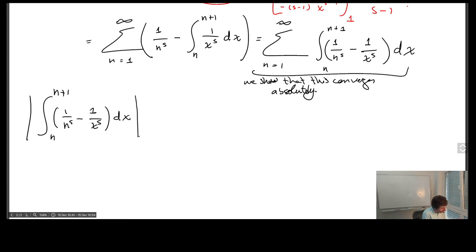Okay, so now, let's see if I remember the trick. Yes, so the trick is to realize that this is itself an integral.